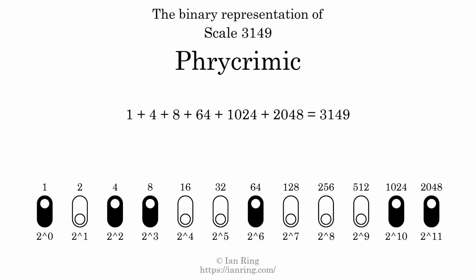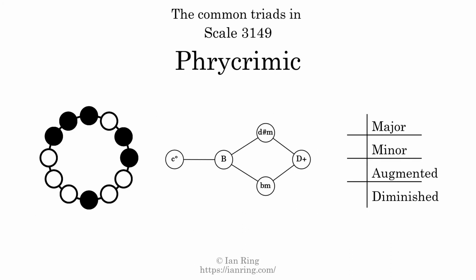That is why the scale number, in decimal, is 3149. The scale number not only enumerates the scale with a unique index, but it also literally describes the tonal content of the scale. Represented as a binary number in base 2, the scale number is 11001001001101.